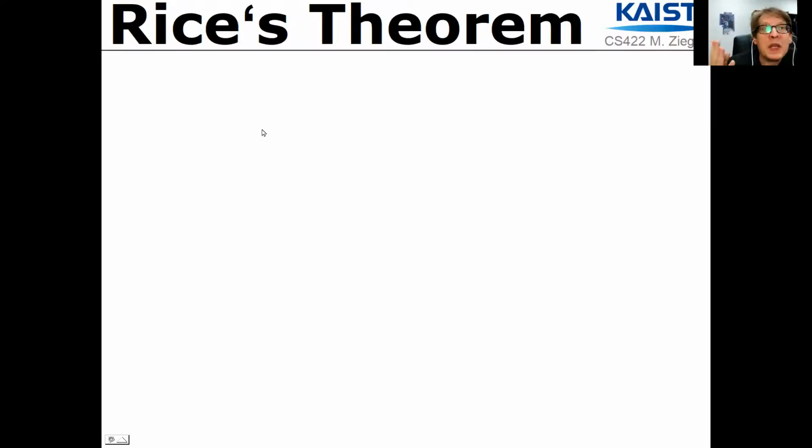And these are semantic properties, and they're obviously decidable, right? There exists an algorithm which just says yes for the trivial true property, and another algorithm that always says no for the trivial no property. So these are obviously decidable. And Rice theorem says that any non-trivial semantic property is undecidable.